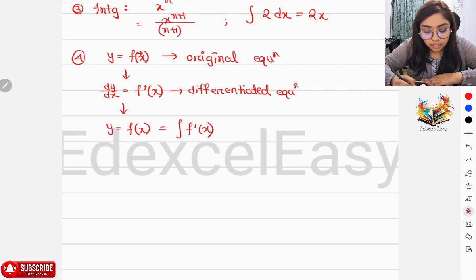So yes, you can go back to the original equation, but that thing that is lost from the equation, you cannot recover, right? So with respect to whatever was lost during differentiation, we're going to write a C over here. Whatever constant was lost, we can calculate that, and we write C with respect to that constant.